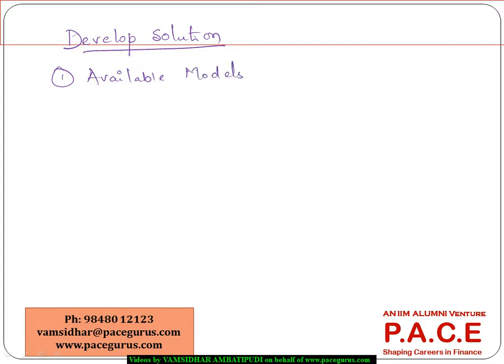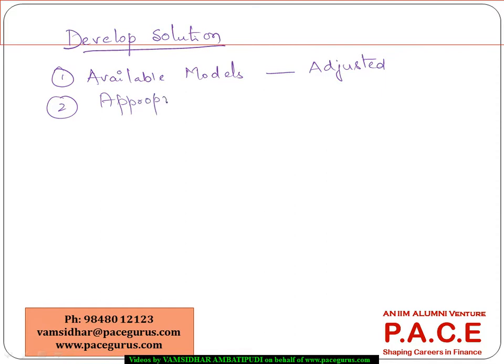Then, once I have an awareness of all those things, I move on to the next stage, the development of the solution. Whatever models are already available, do a critical examination of all of them, and see how minimum adjustments can be made to suit this particular problem, and out of them choose the most appropriate model.